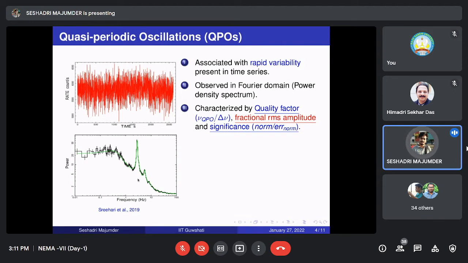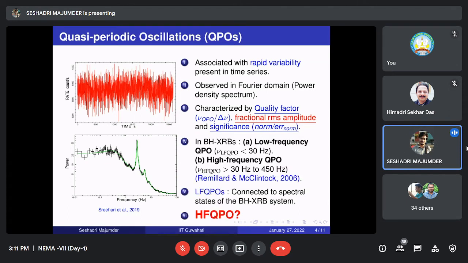And the last one is the significance, which tells how significant the detected peak is with respect to the error in the power density spectra. Depending on the frequency range, QPOs can be classified into two separate classes: the low frequency ones having frequency less than 30 Hertz, and the high frequency regime, where the frequency varies from 30 to 450 Hertz.